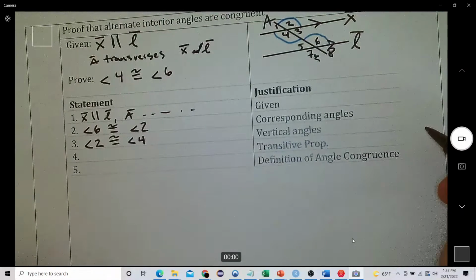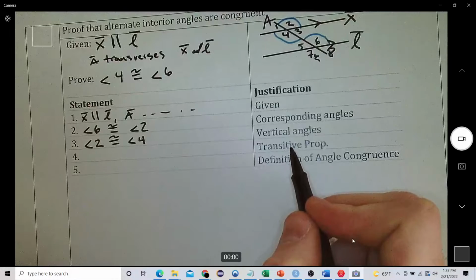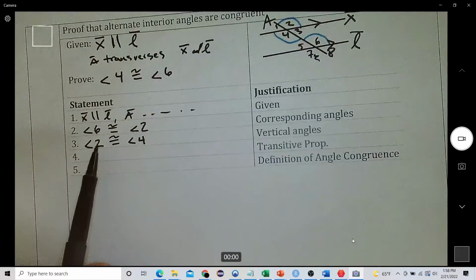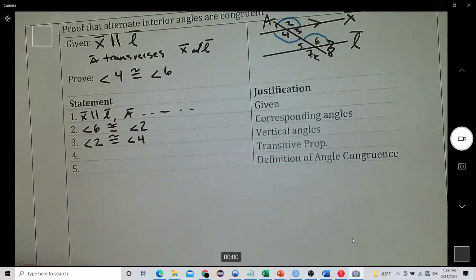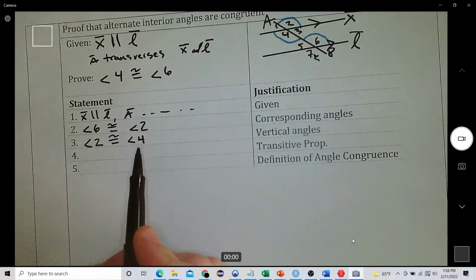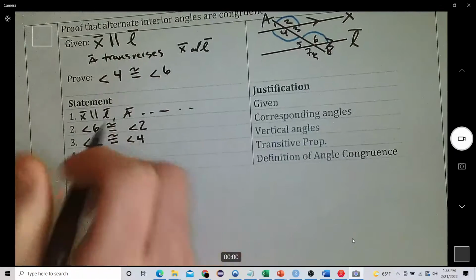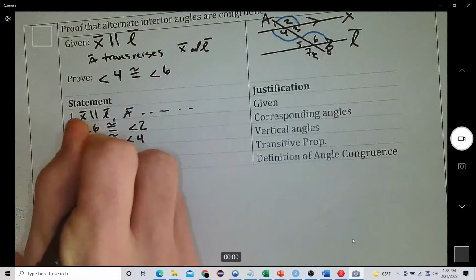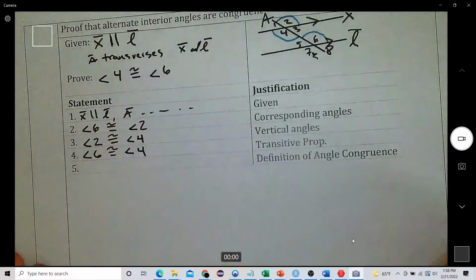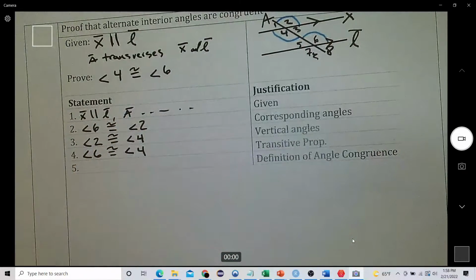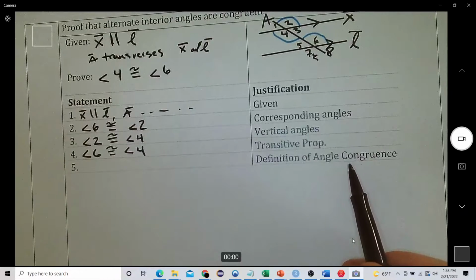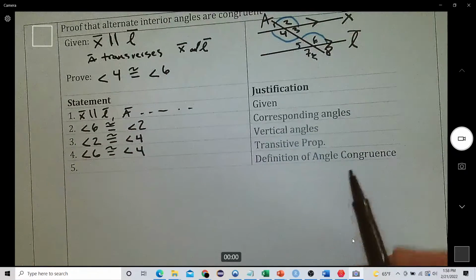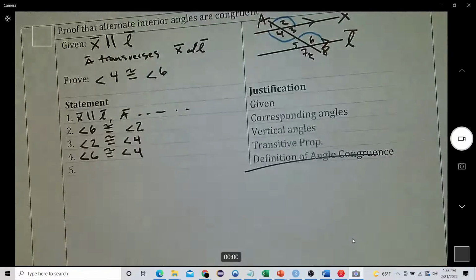And then by the transitive property, we have what? Angle 6 is congruent to angle 4, right? Yeah. Nice, Dallas. Is that what you said? Yeah. Angle 6 congruent to angle 4. And this definition of angle congruence is optional at the end. We are actually talking about the angles themselves and that they're congruent, so we don't actually even need it right now. If we had the measures, then we'd need it, but right now we don't.